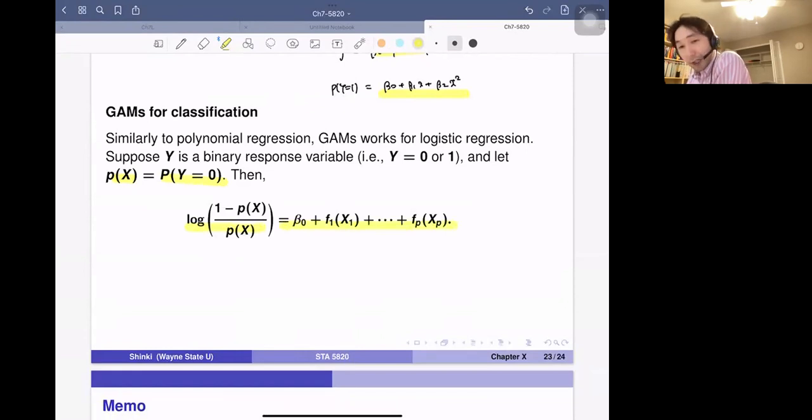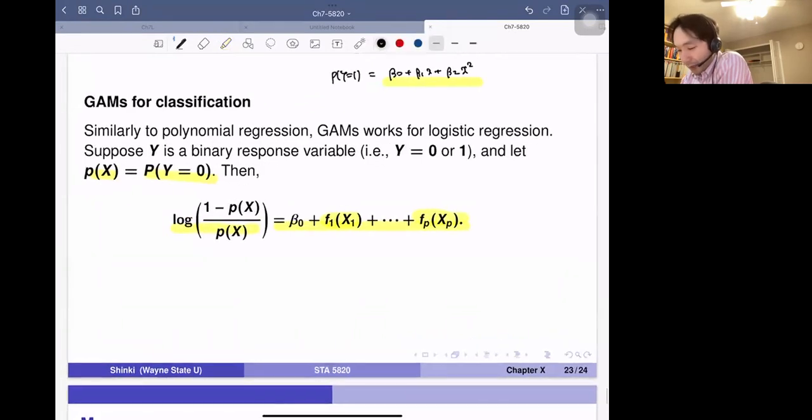And if we have predictors x1 to xp and we apply the generalized additive model methods, then we just assume that the log of this, yeah. So basically, this is the inverse logit function of the p of x.